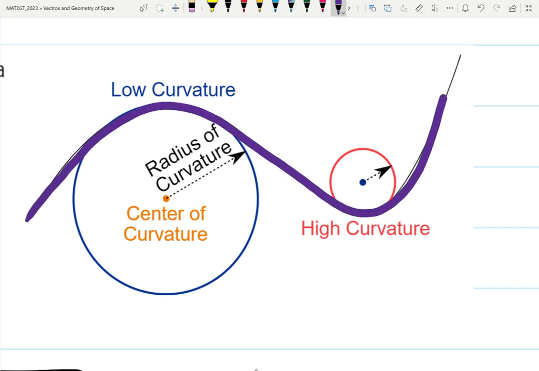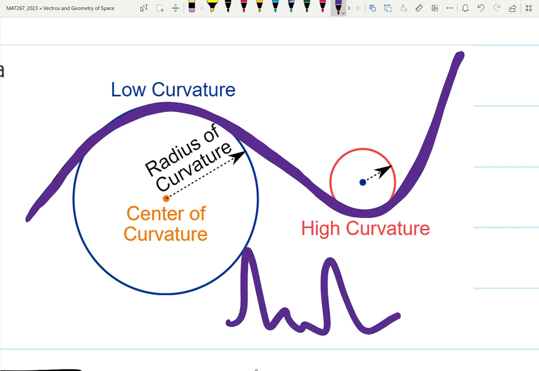So the first curve is big and smooth, and the second one is smaller. So high curvature means it's curved highly, right? Does my English make sense? So curvature is how much curved it is. Curving is bad. Something that curves too much is hard to describe. Heartbeats are hard to describe.